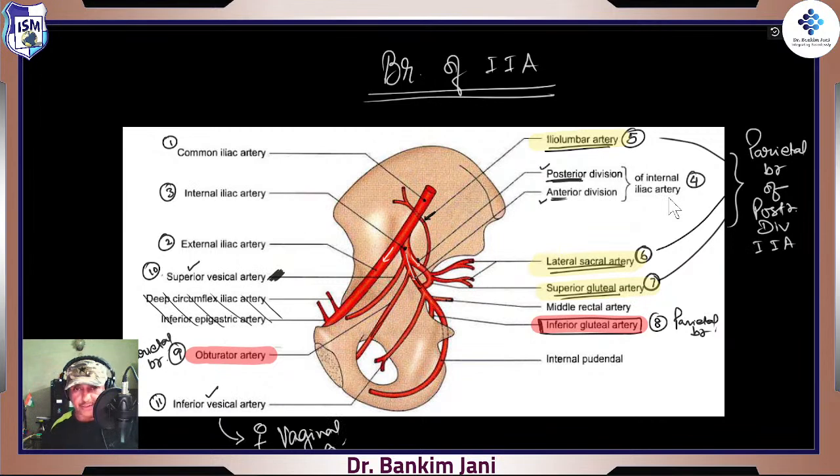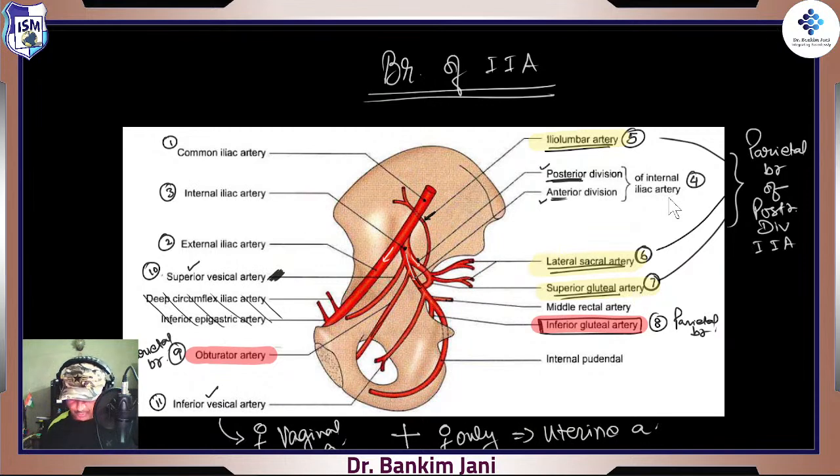So when we are writing it here, why not write a big plus, that in females only there would be one more extra artery, and that would be the uterine artery, right? So that part is done. So that was inferior vesicle.